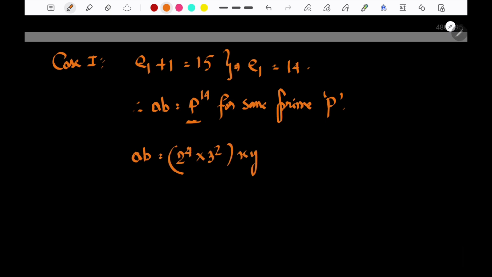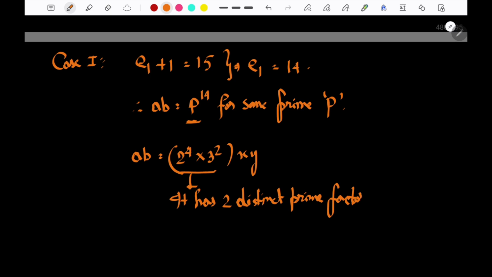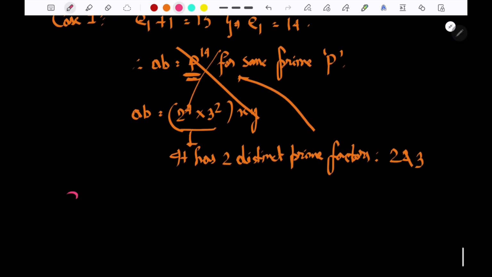The problem is it has two distinct prime factors, and what are those prime factors? Those are 2 and 3. But here we are saying that there is only one prime factor. So this case is impossible. This case becomes wrong.